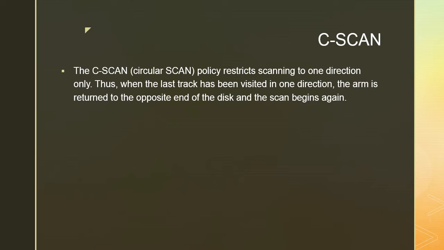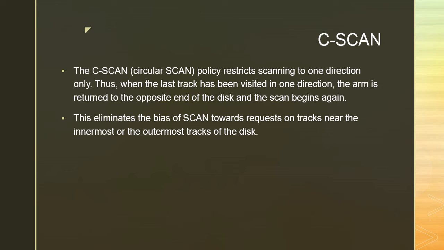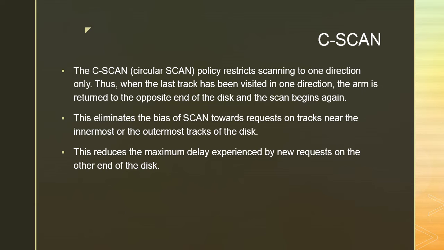Notice that when the arm returns to the opposite end, it does not serve any requests on its way back. This eliminates the bias of SCAN towards requests on tracks near the innermost or the outermost tracks of the disk. This reduces the maximum delay experienced by new requests on the other end of the disk.